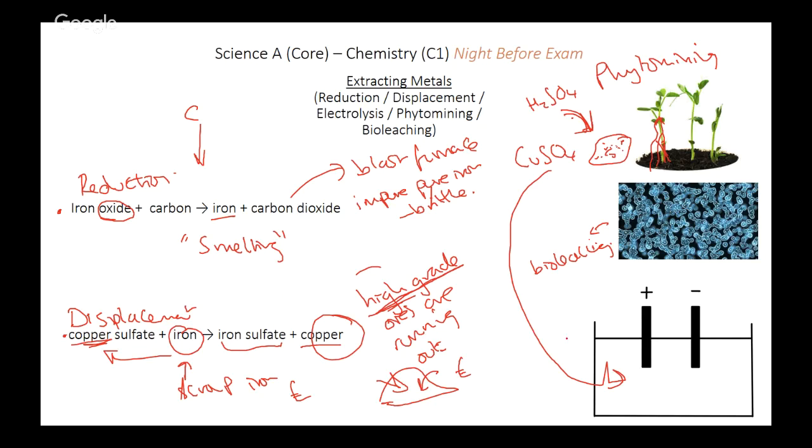Electrolysis then, yes, it requires a lot of energy, it makes it expensive. So all the E's for electrolysis, expensive, energy, but you need it for certain metals like aluminium. Anything above carbon in the reactivity series, you can't use reduction or you wouldn't use displacement, so you have to use electrolysis.